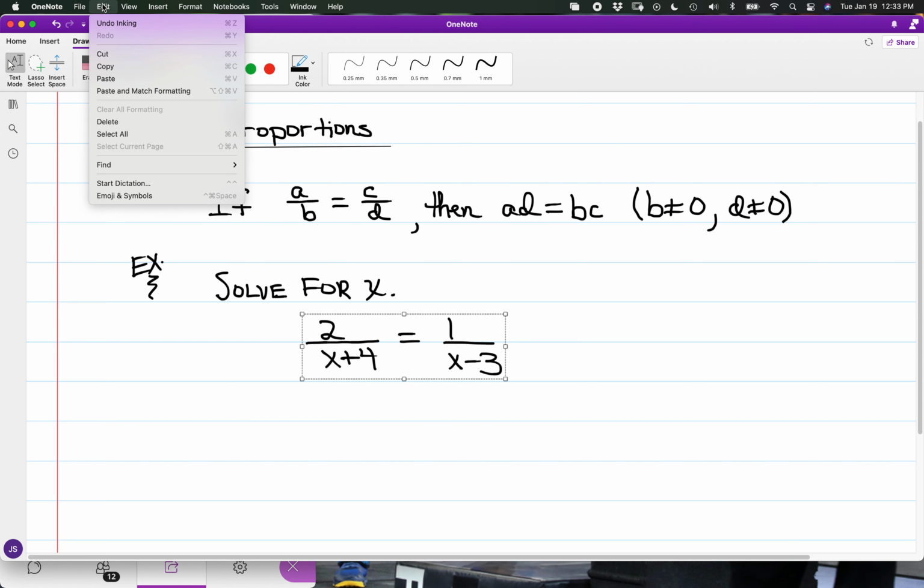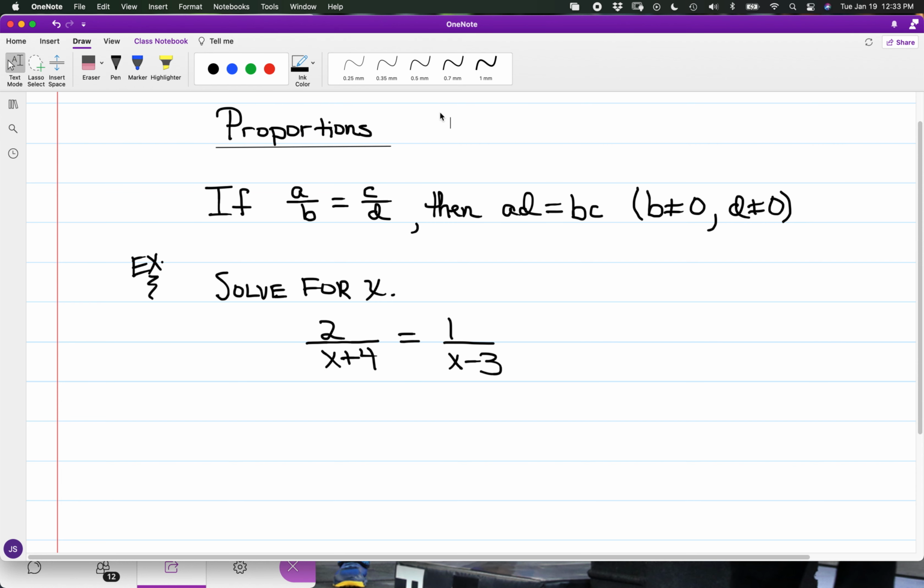To identify the restrictions, the denominators cannot be 0.